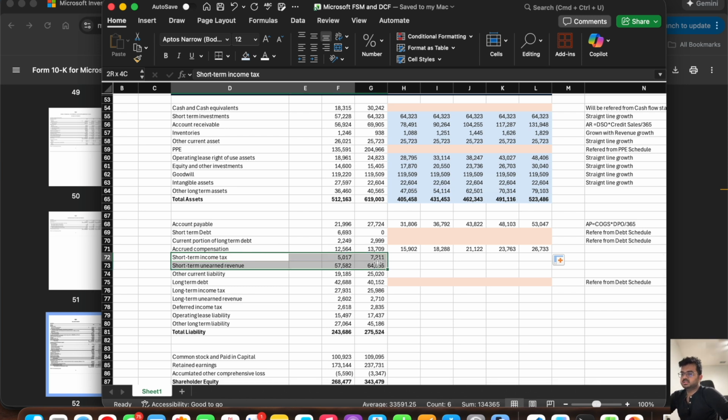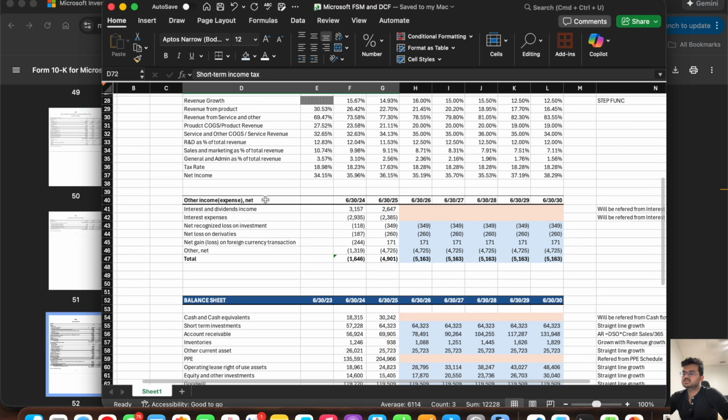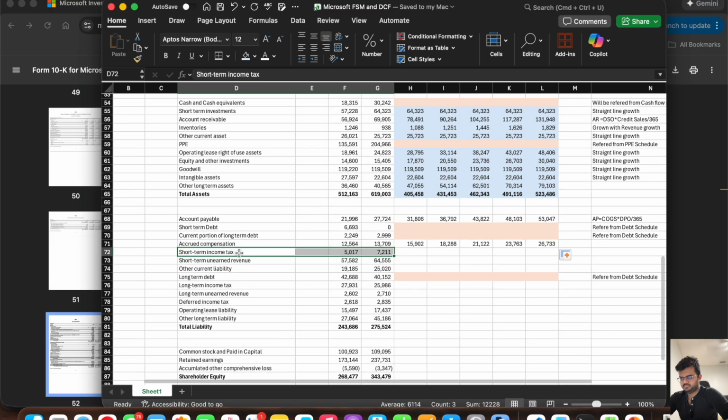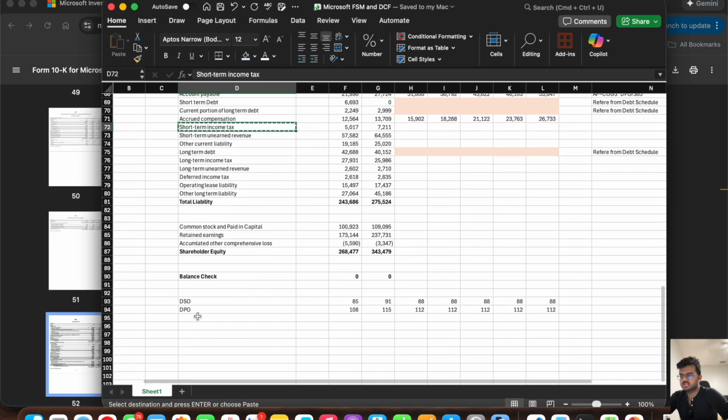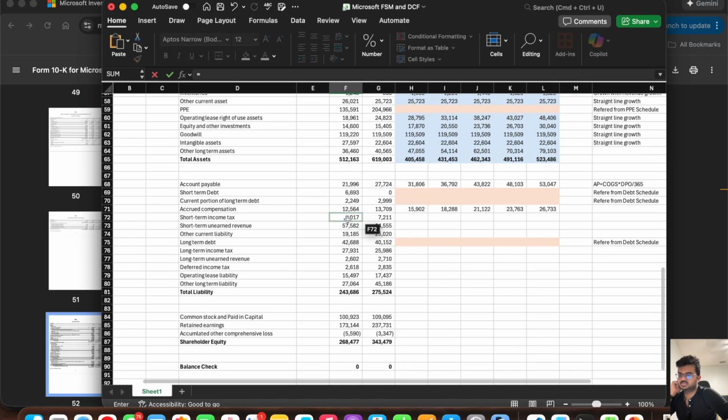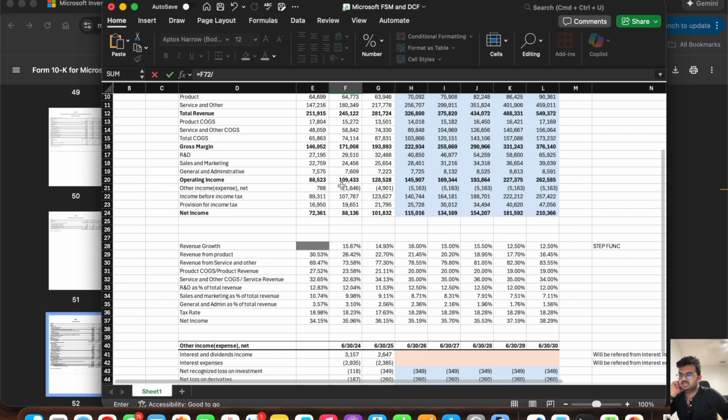Next one is short-term income tax. That is how much the company needs to pay in the short term, like in the next quarter or next 2 or 3 quarters. Since we know the long-term income tax which the company has paid in the last 2 years, I will try to understand how much the short-term income tax is as a ratio of the total income tax and take that percentage. So I'm going to take short-term income tax by total income tax. Let me figure out that ratio first by this number.